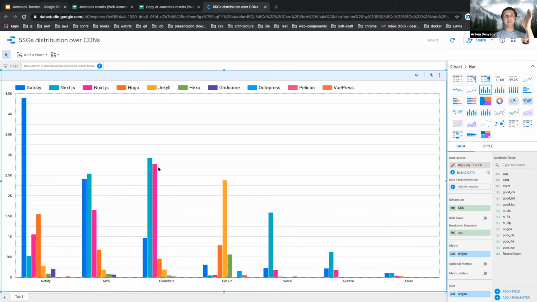But still, we have pure sites hosted on Cloudflare, and it's Next.js in most of them, and Gatsby has third place.